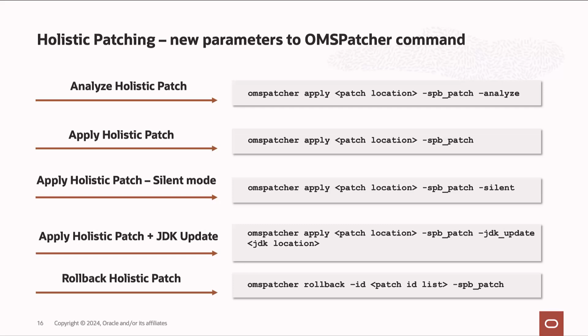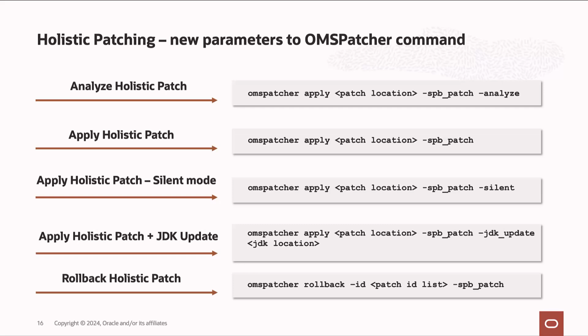Holistic patching, facilitated by the Stack Patch bundle, is orchestrated through the OMS Patcher utility, and new parameters are added to the OMS Patcher utility to execute SPB patch. The new commands include analyze holistic patch, apply holistic patch, apply holistic patch in silent mode, and apply holistic patch and JDK update.